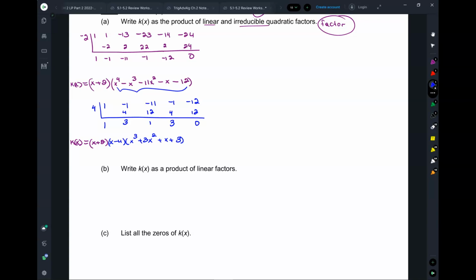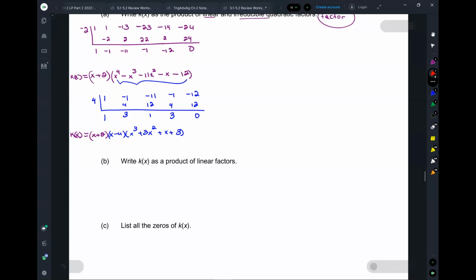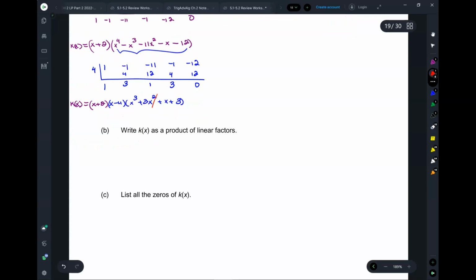My go-to is factor by grouping, right? And there are lots of ways to know whether you can factor by grouping. Basically, the easiest way is if you see that there's a pattern in the coefficients, like 1, 3, 1, 3, then you know it's possible to factor by grouping. My advice to you is always try to see if you can factor by grouping. So to do that, we're going to split this up.